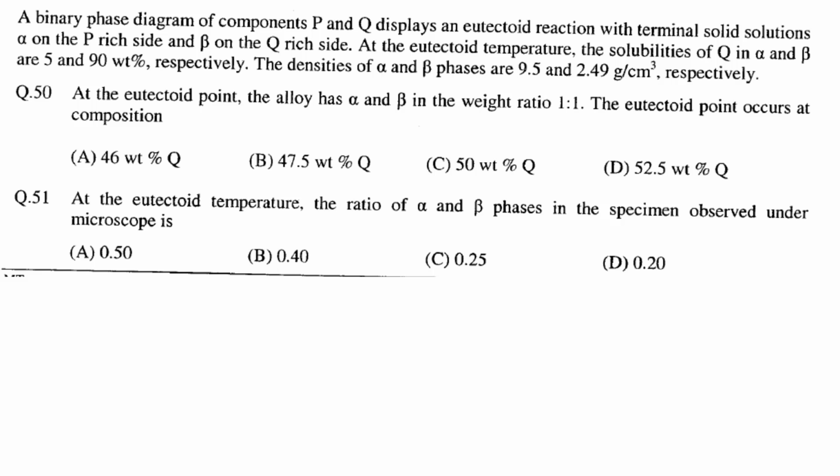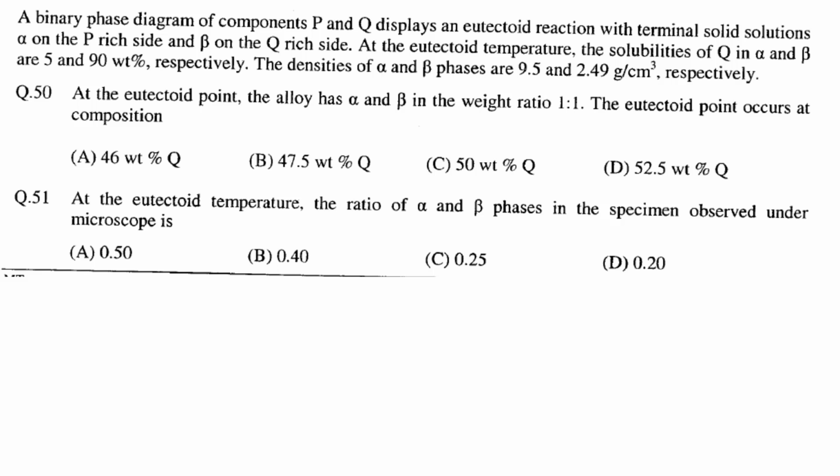The densities of alpha and beta phases are 9.5 and 2.49 gram per cm cube respectively. At the eutectoid point, the alloy has alpha and beta in the weight ratio 1:1. The eutectoid point occurs at composition?